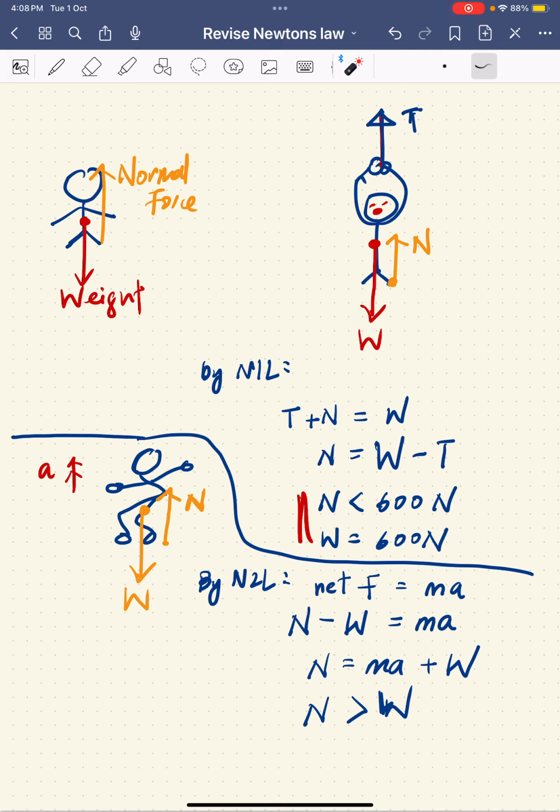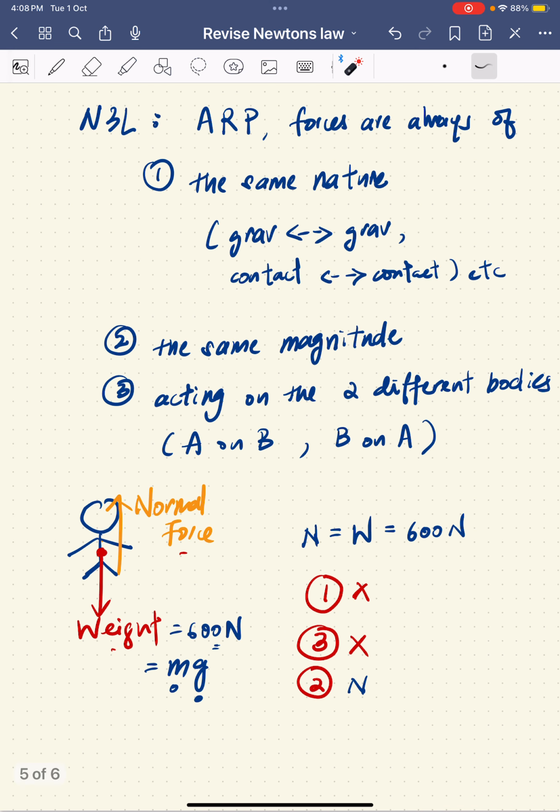So this shows you that for the normal force, for criteria number 2, it is also not necessarily always equal to the weight's magnitude.